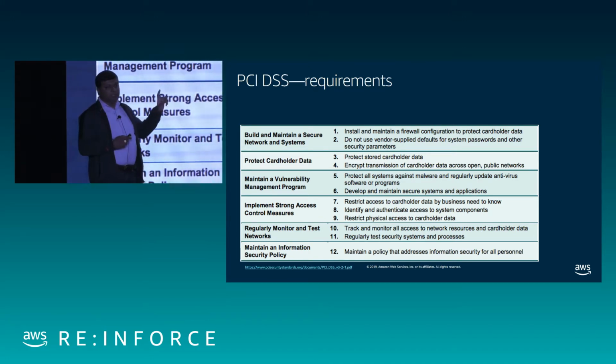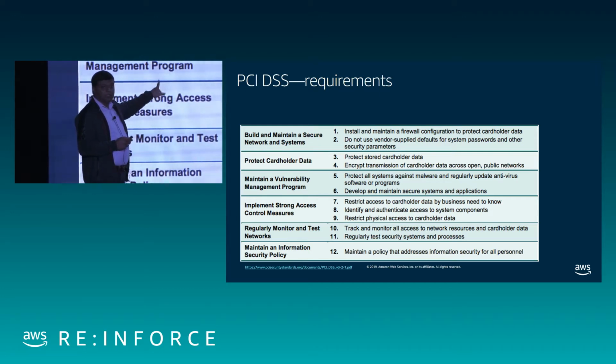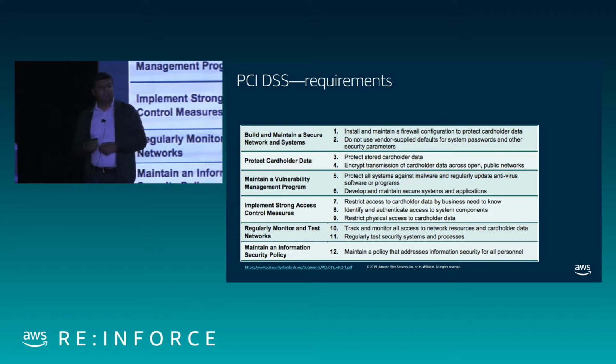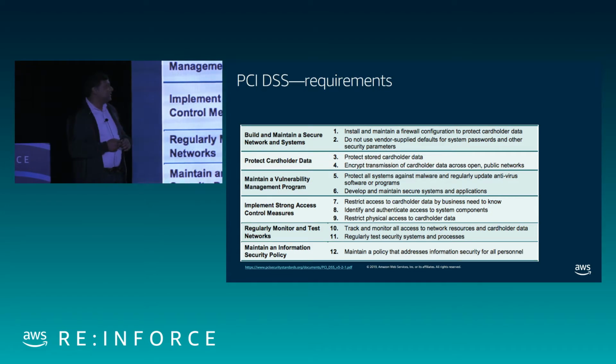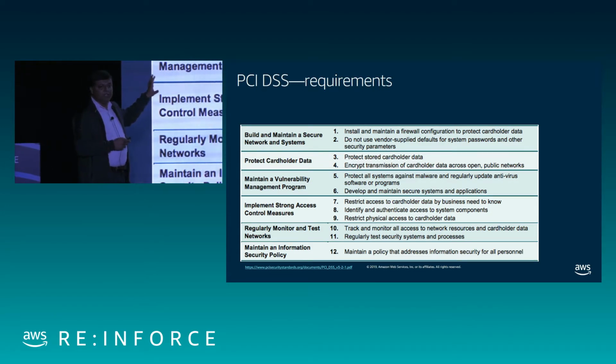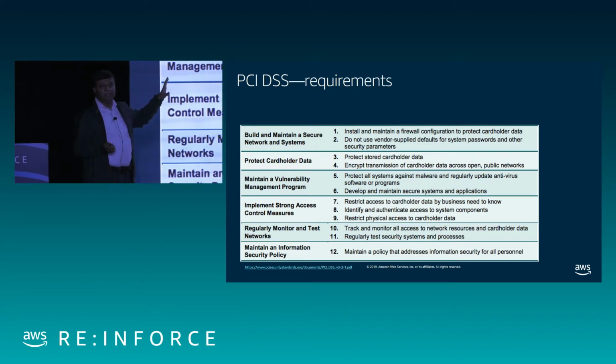And if you look closely at these requirements, and I know it's a lot of text, from your past experience you'll see that scoping and segmentation is not a direct PCI DSS requirement.